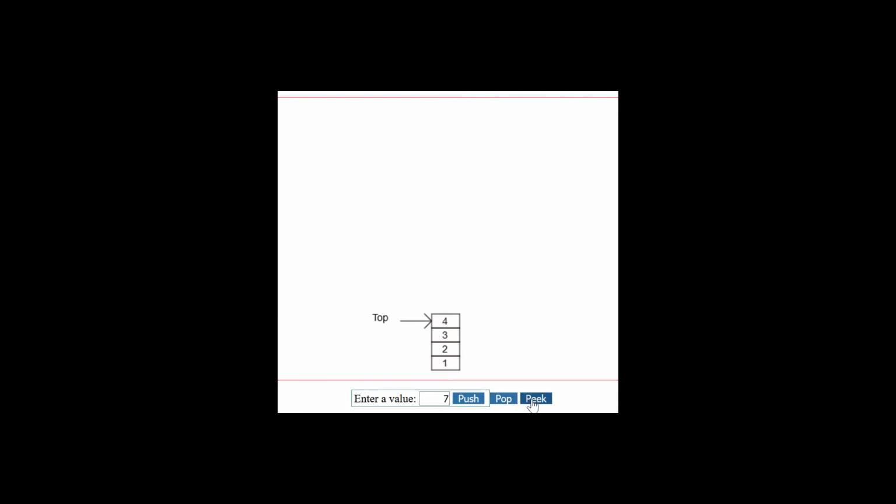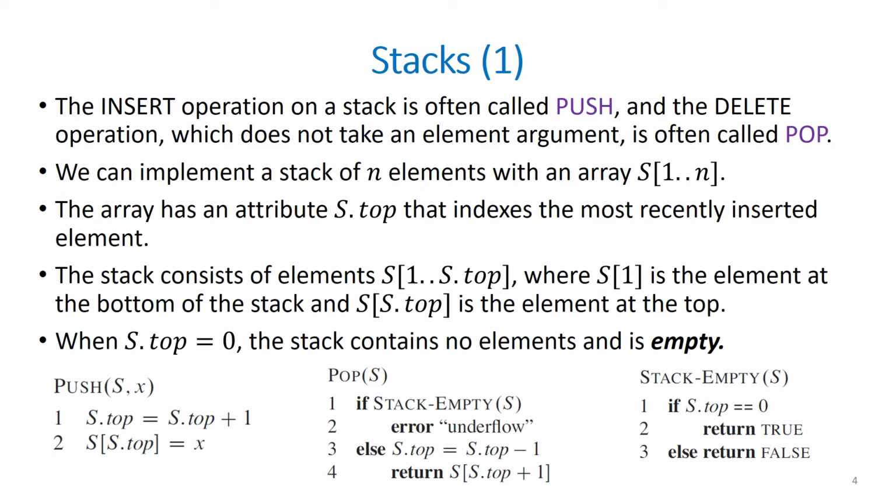The last operation is the peek operation, which always returns the value of the topmost element in the stack. So when I say peek, it would return the element of value 4, which is the topmost element on the stack. Therefore, inserting a new element on a stack is called push, and deleting an element is called pop.